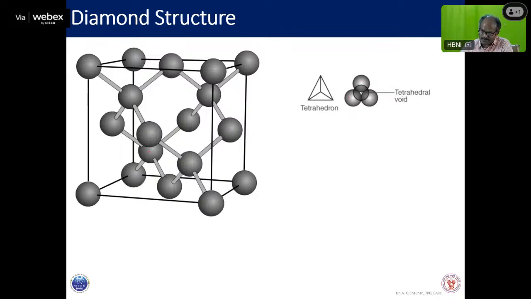Now you bring another sphere, the 5th sphere, and insert that sphere in this void. It will move a little above, and you will have a sphere placed inside this.